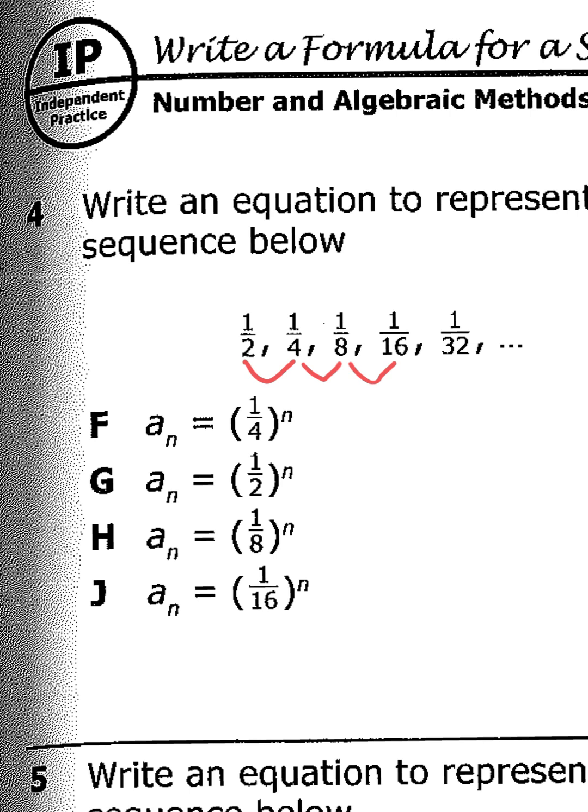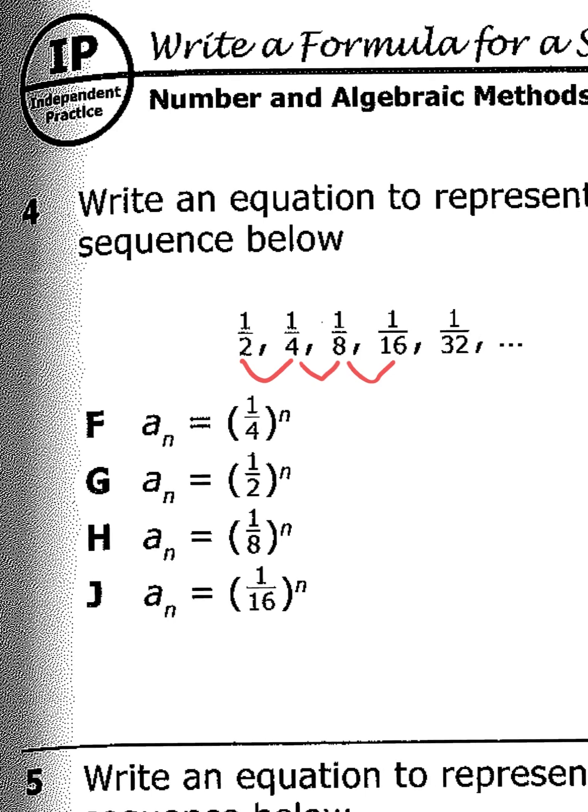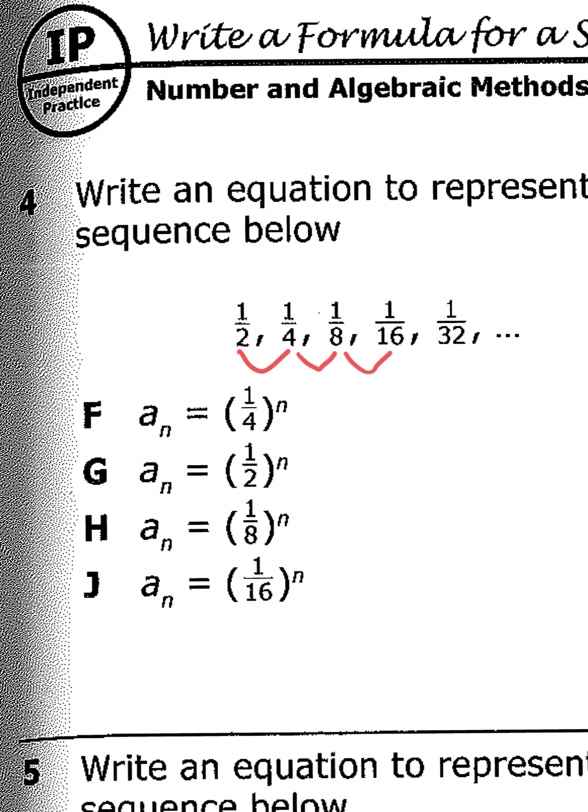But if you wonder how much they are being multiplied or divided, you can take 1/4 and divide it by 1/2 and see what's going on. If I do that, I see 1/2. If you multiply 1/2 by 1/2, you get 1/4. 1/4 times 1/2, you get 1/8. 1/8 times 1/2, you get 1/16. So the rule will be 1/2. What is the choice? G.